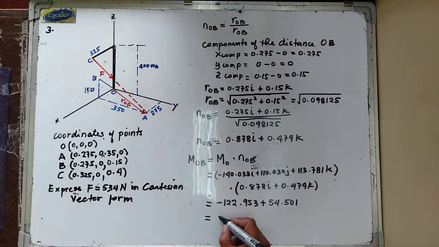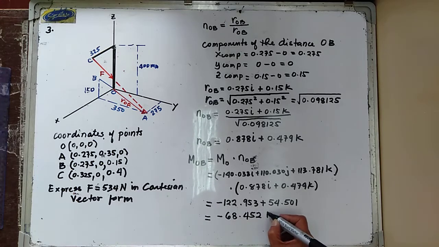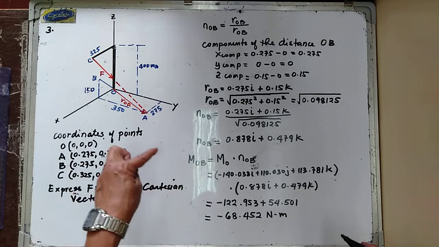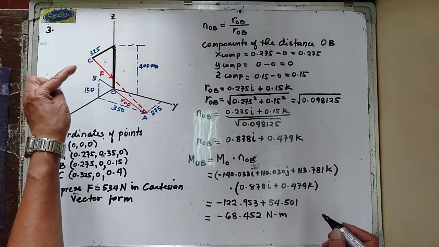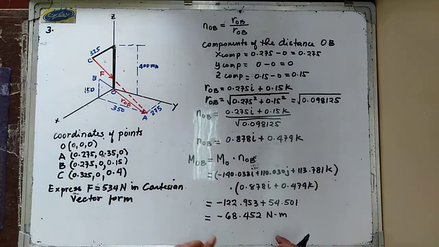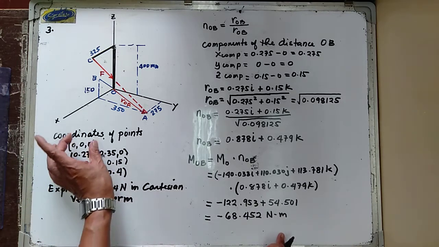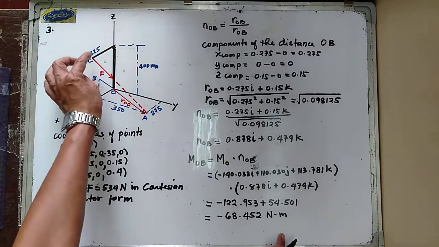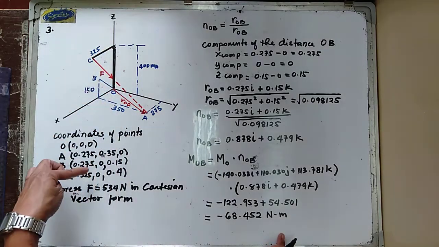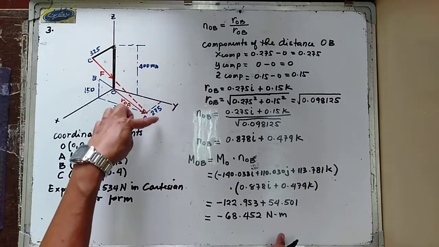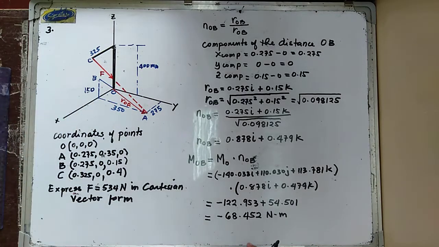Therefore, this is equal to negative 68.452 Newton meter. The unit of the vector is in Newton, and the unit of the distances is in meter, so we converted the distances to meter.